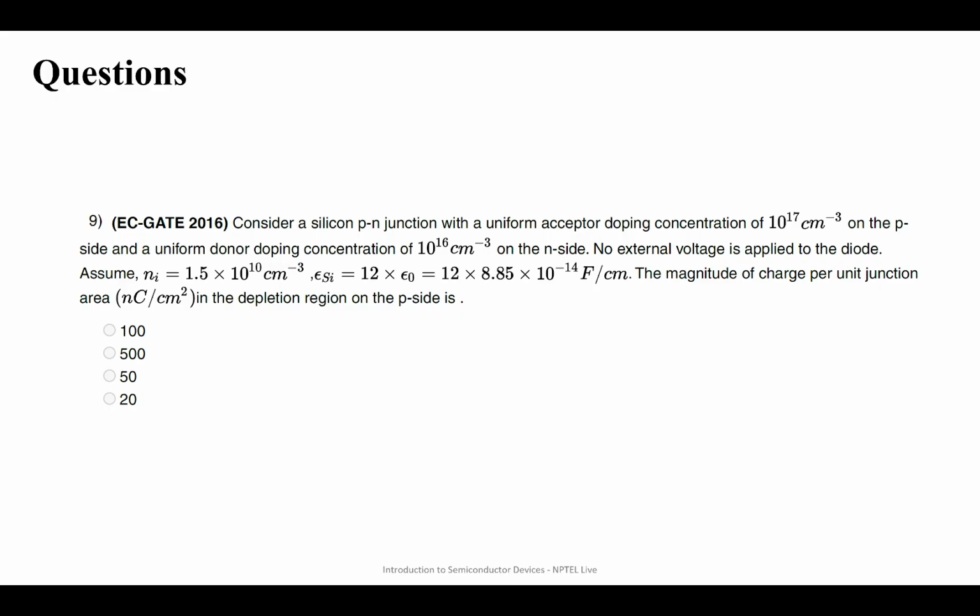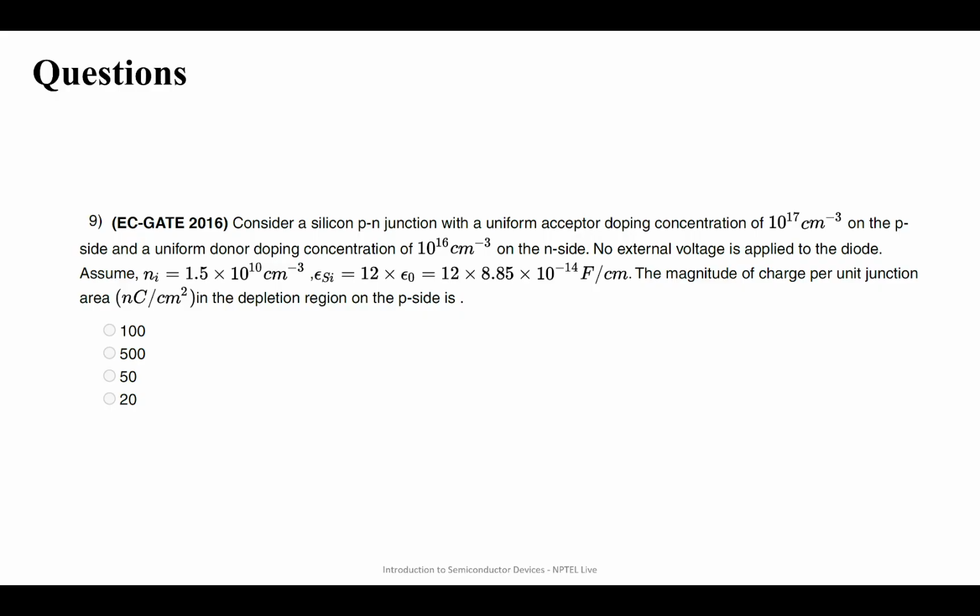Consider a silicon PN junction with a uniform acceptor dopant concentration of 10^17 per centimeter cube on the P side and a uniform donor doping concentration of 10^16 per centimeter cube on the N side. No external voltage is applied to the diode.